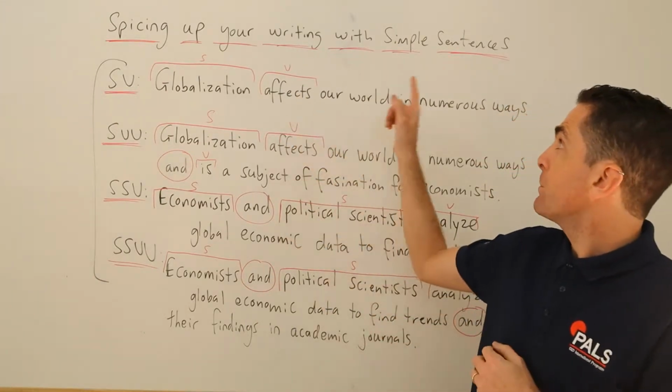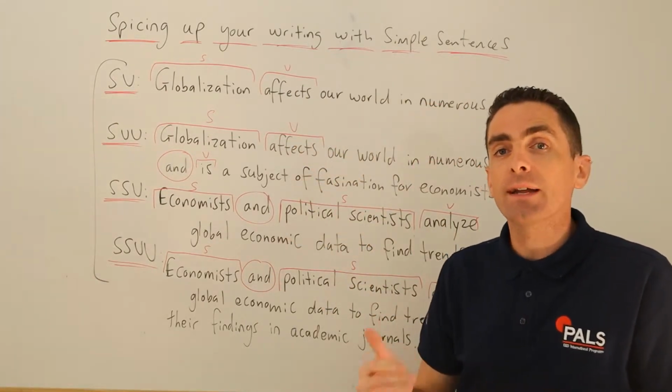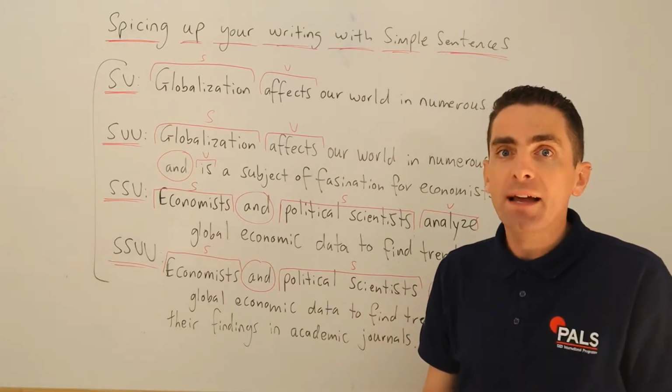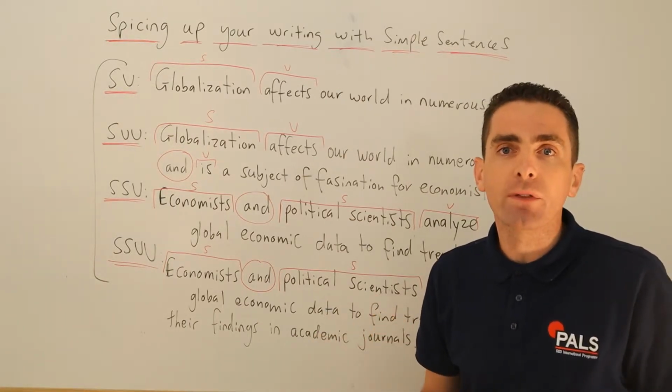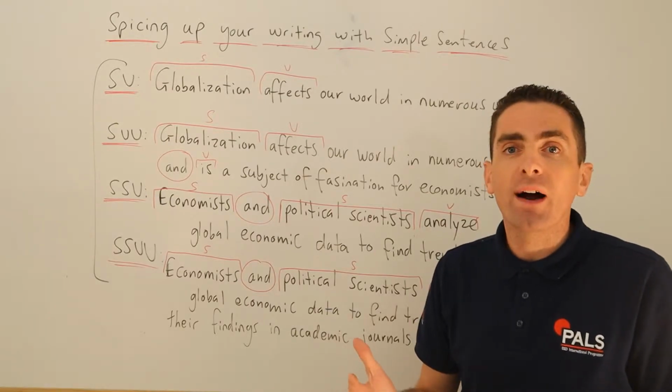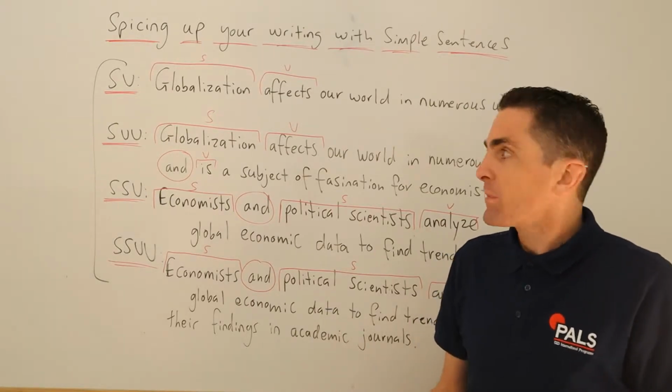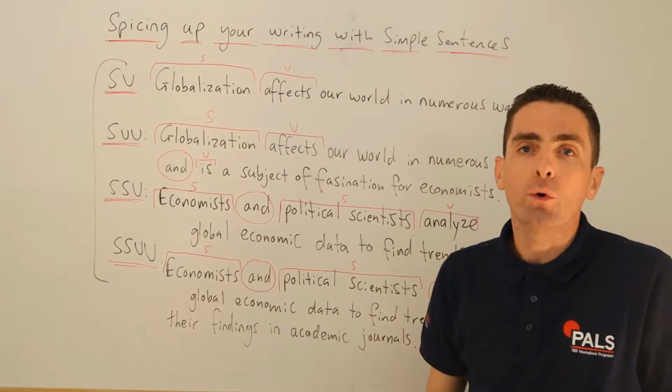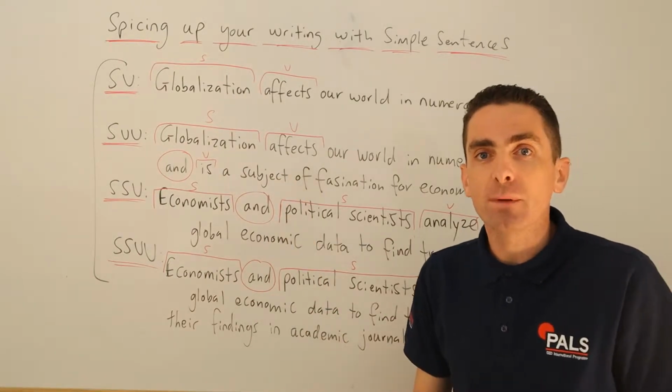Now, spicing up your writing with simple sentences may sound like child's play to you, but I can tell you, I've had students who come to study with me who are on a band 7.5 or an 8, and we go through their writing, and maybe they only use 2 or even 1 of these types of simple sentences.